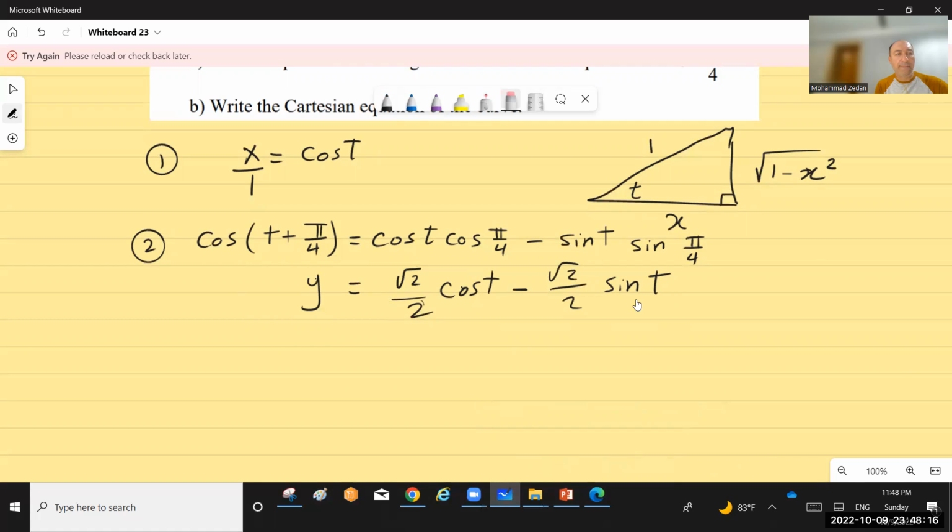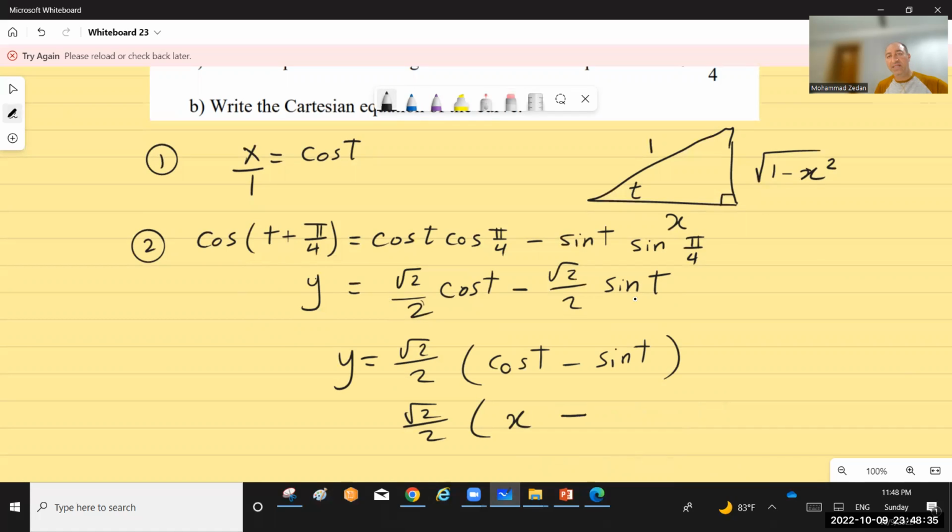If I take root 2 over 2 as a common factor, I have cosine t minus sine t. This is y. So root 2 over 2, cosine t is already x, minus, how can I get sine t? From the triangle, sine t is the opposite side over the hypotenuse, the square root of 1 minus x squared over 1, which is the same.